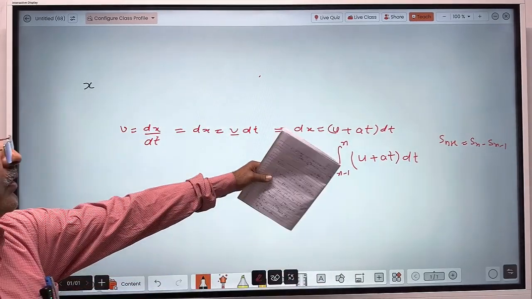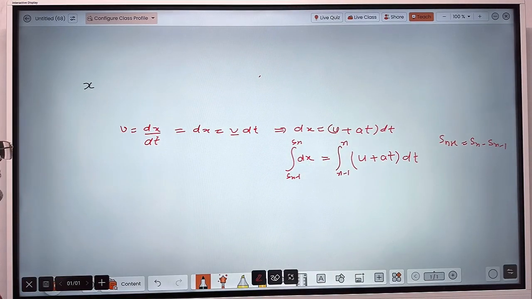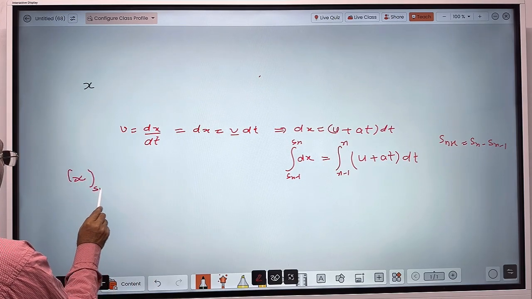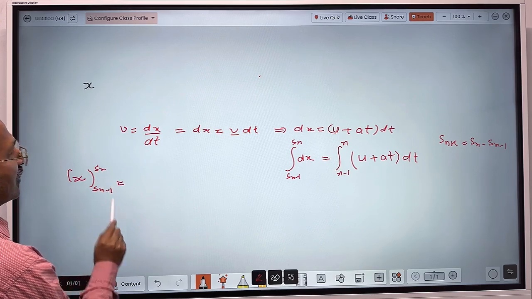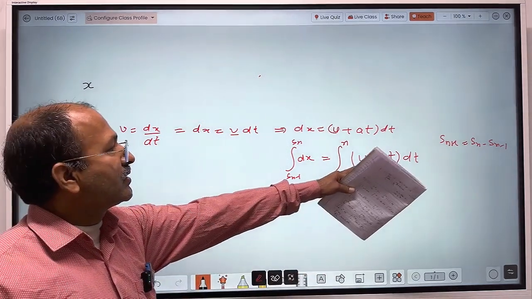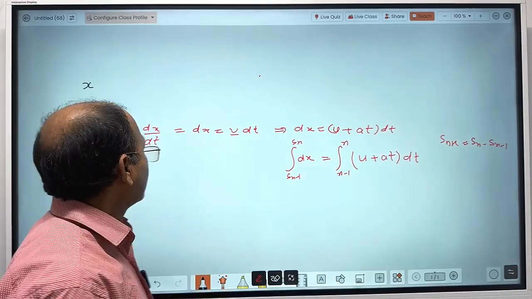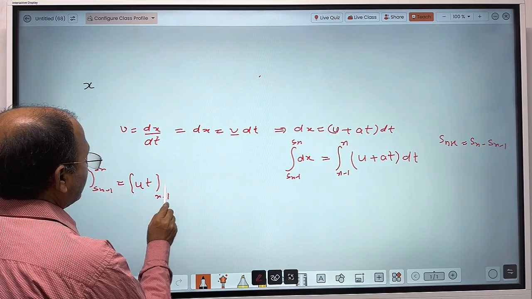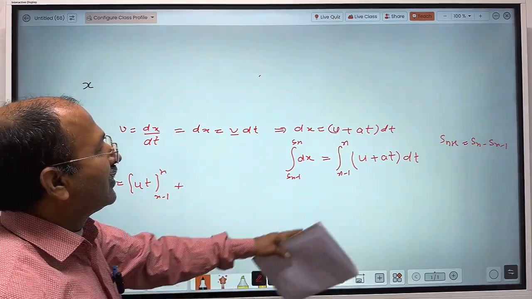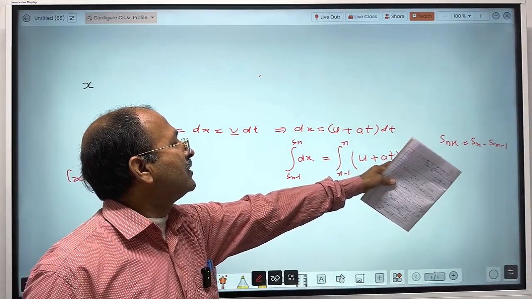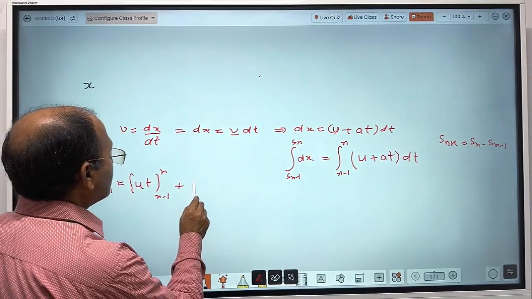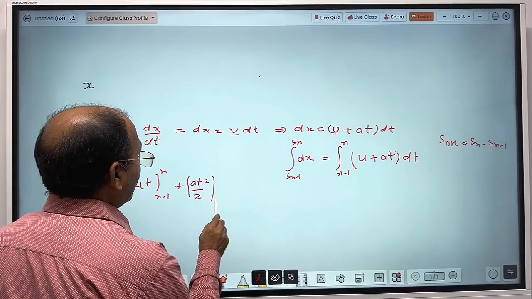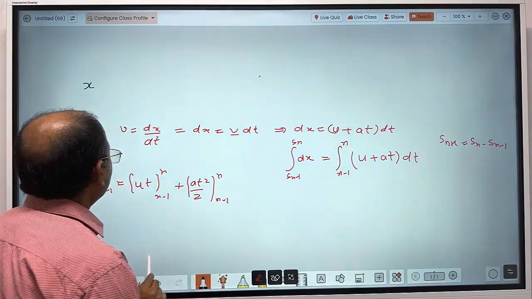If you remember, integration of dx gives x, so this will become x, with limits Sn minus 1 to Sn, equals integration of u dt, which will give ut, with limits n minus 1 and n, plus, in the second term, integration of at dt, which will give at square by 2, with limits n minus 1 to n.